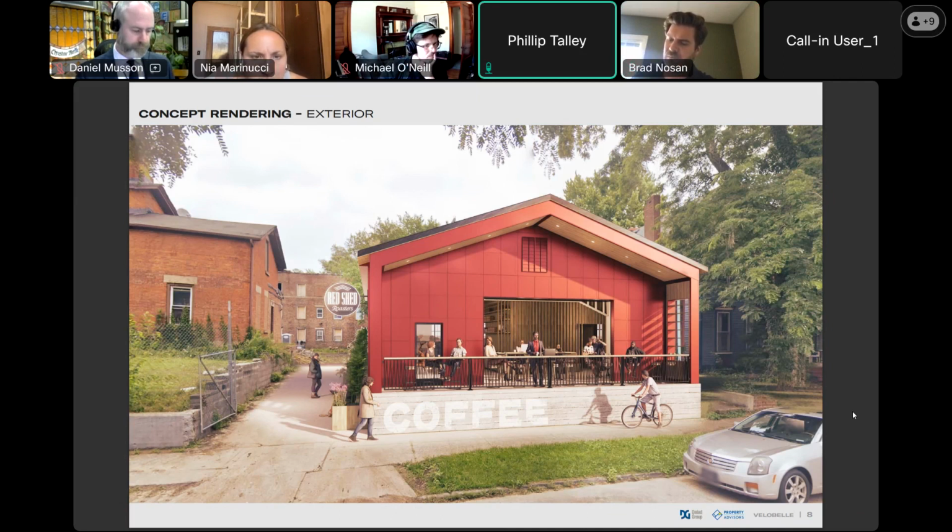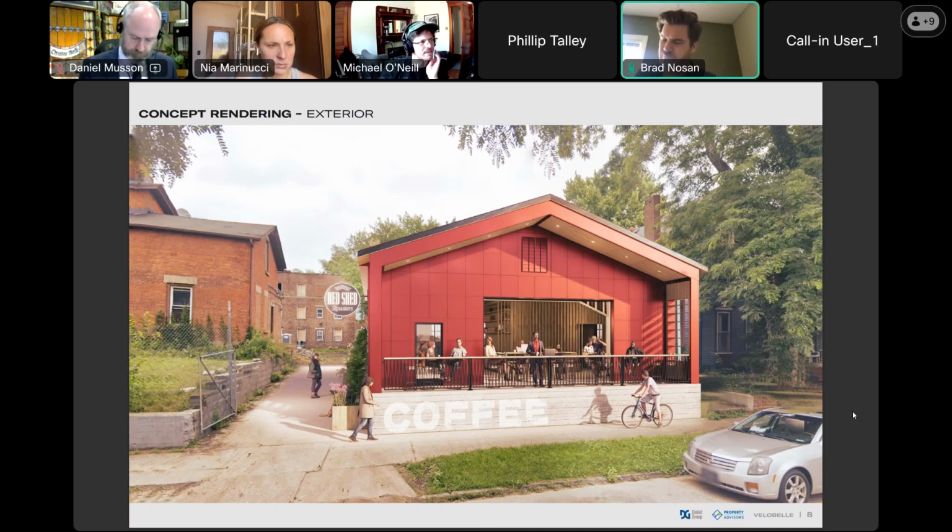Is the exterior a wood cladding or a metal cladding? It's a metal cladding right now, I think. Existing cladding, yeah, really old painted, kind of stamped metal panel from what I can tell. Are you guys repurposing that, or getting rid of it and doing something different?